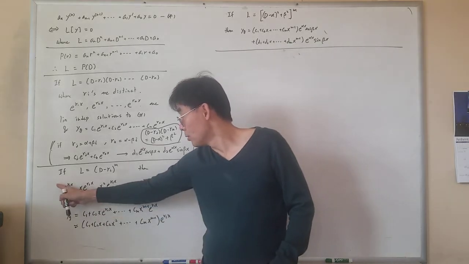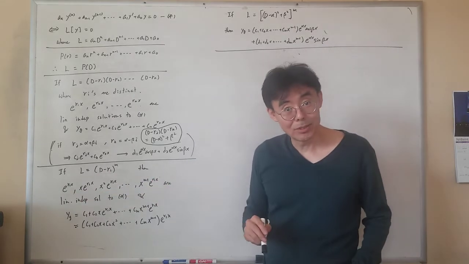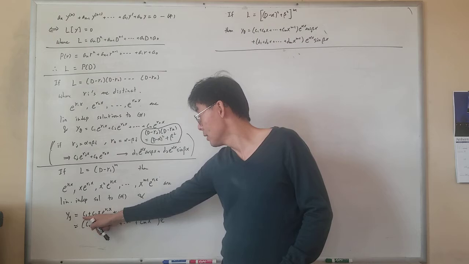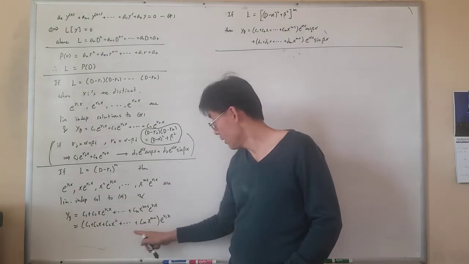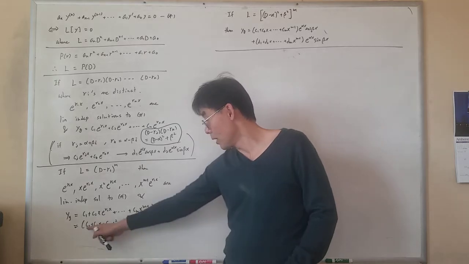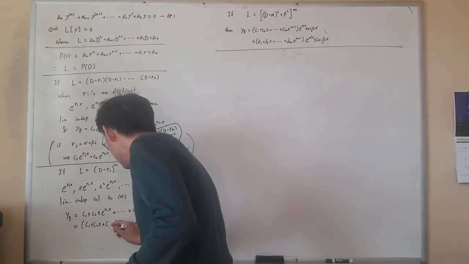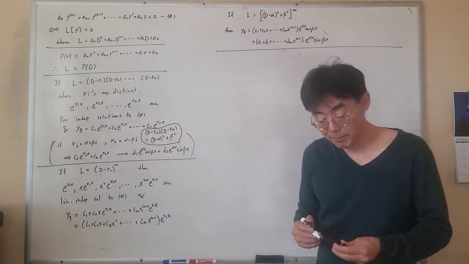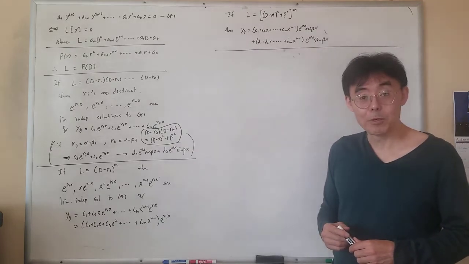So actually 0, 1, 2, all the way to m minus 1, totally m linearly independent solutions. So the general solution can be written as a linear combination of these. A lot of times we write it this way: e to the r1x, times (C1 plus C2x plus C3x squared, all the way to Cm x to the m minus 1). That will be better looking, more organized.